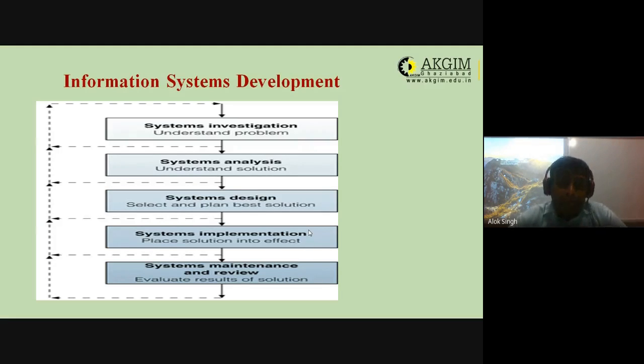You need to check whether you are going to incorporate it or not, and what the basic hurdles are in implementing and developing such a system. You need to understand the solution, and which information system is the better one to incorporate.